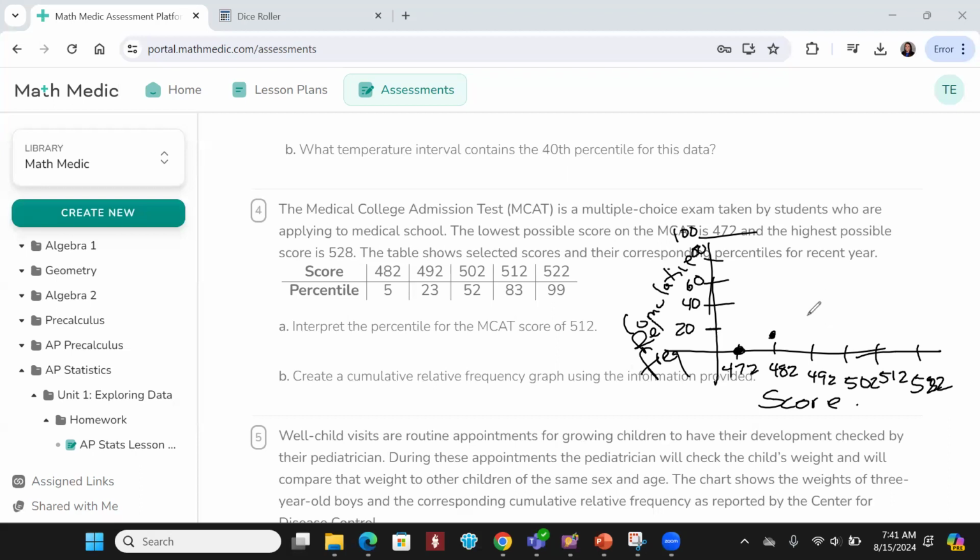Okay. Right, this doesn't add to 100, so what do we do? Boom. Okay, what about 502?